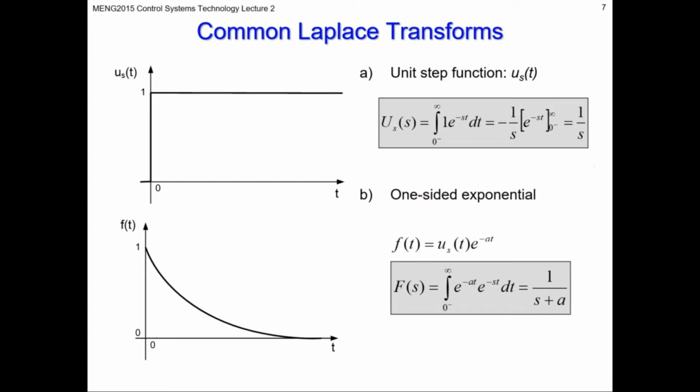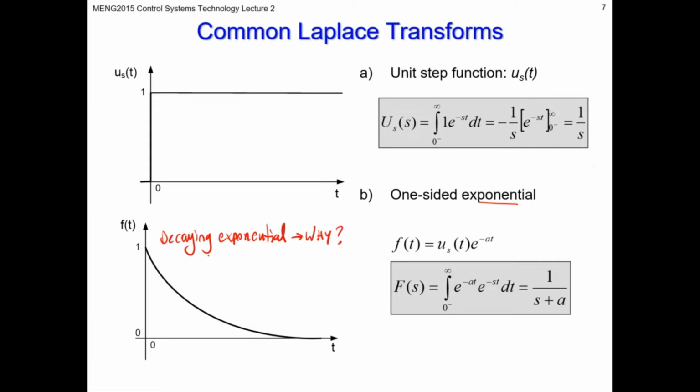This is our one-sided exponential now. So basically we have a decaying exponential. And why are we interested particularly in a decaying exponential? What's so significant about a decaying exponential?